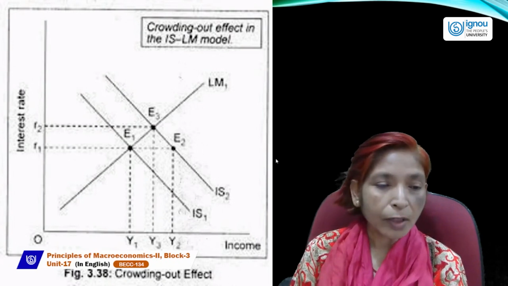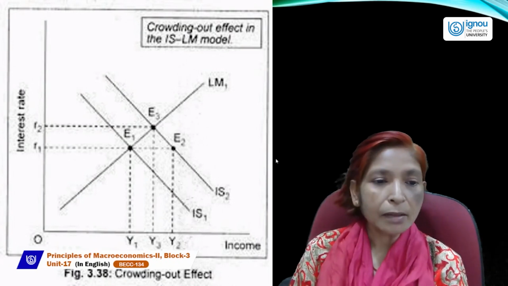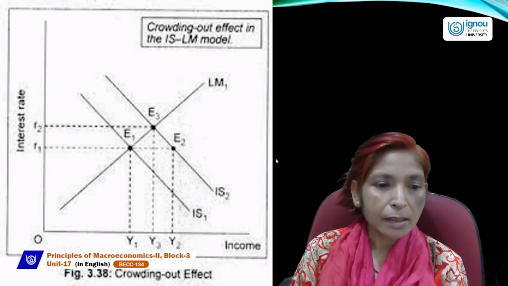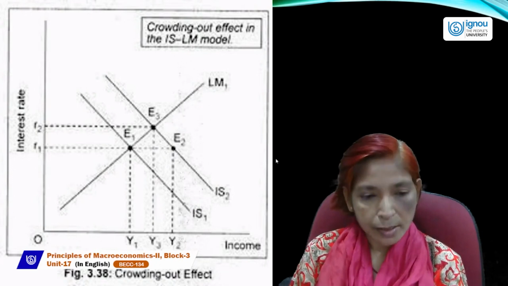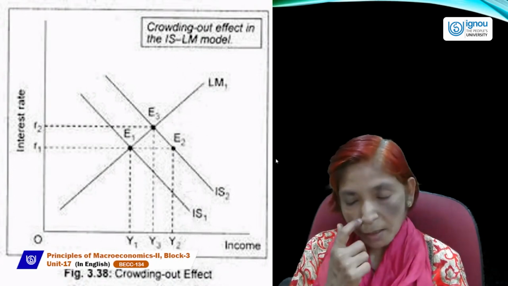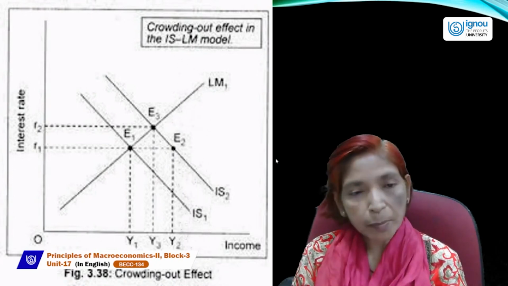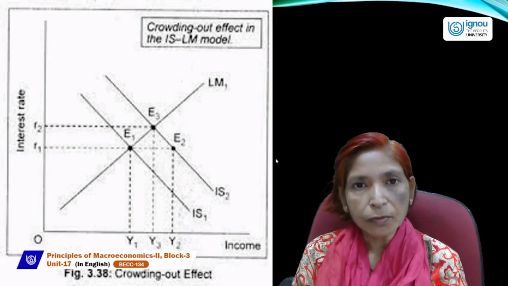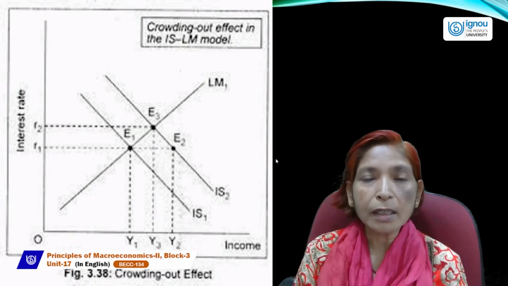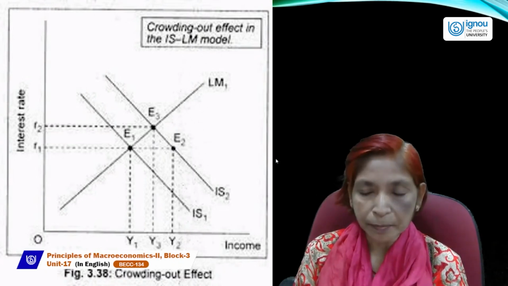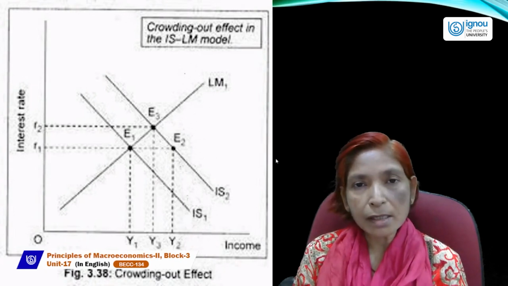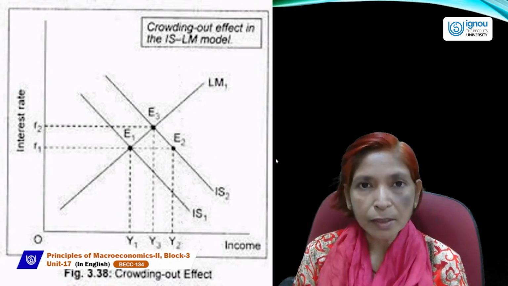But here we are seeing that due to the rise in interest rate, income level falls. So income level does not increase by the multiplier effect. Its reason is the increase in interest rate. When interest rate increases, loans become more expensive.